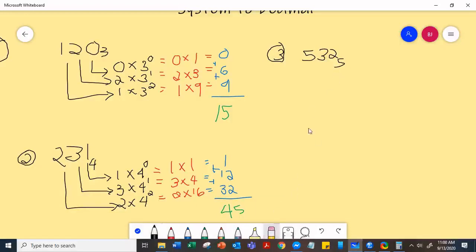I made a mistake. 5 is not part of the symbols. That's a common mistake that students make. As you can see, I already made that mistake as well. So 4, 3, 2, base 5. Convert them into a vertical position: 2, 3, and 4.